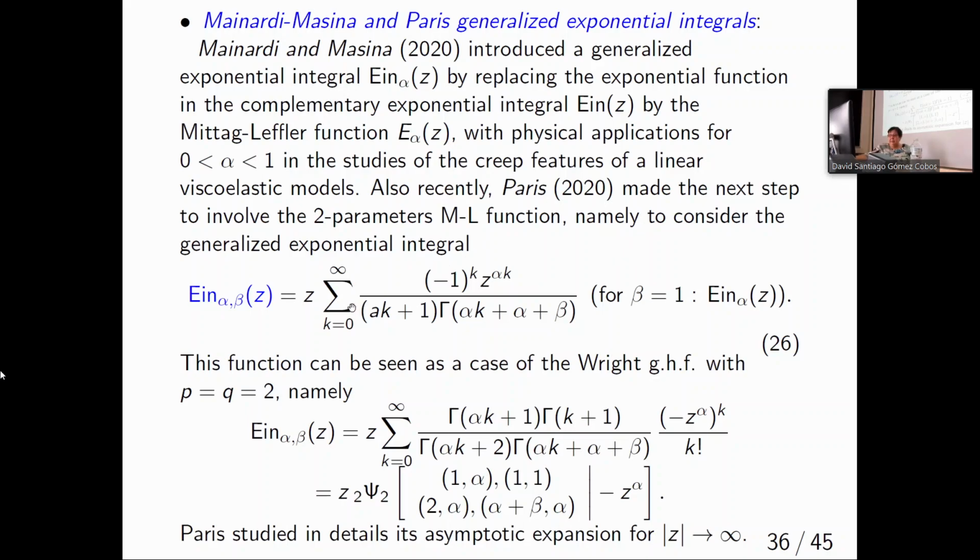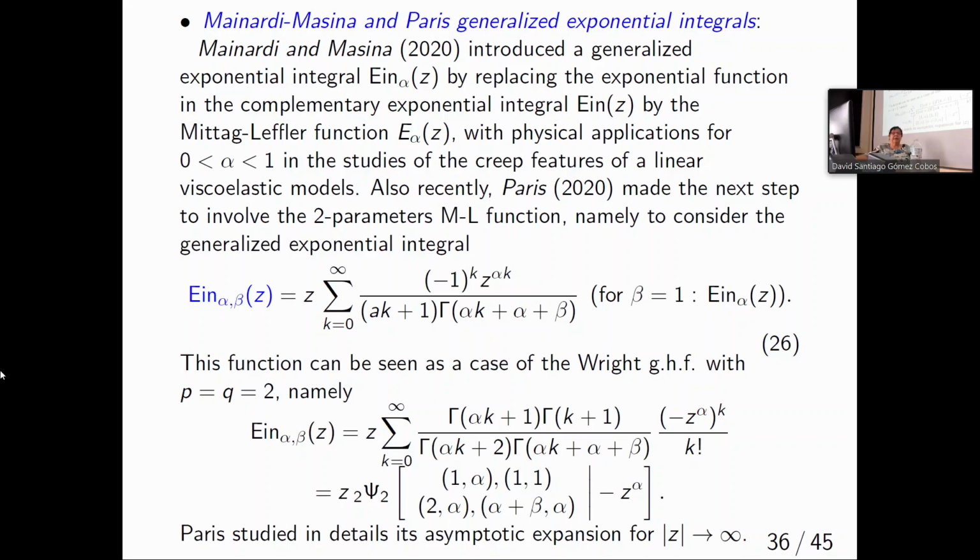Here the gamma is missing. So you have a power series with gamma of alpha k plus 1 and the other two gamma functions. For beta equal to 1, it is the case considered by Mainardi and Messina.